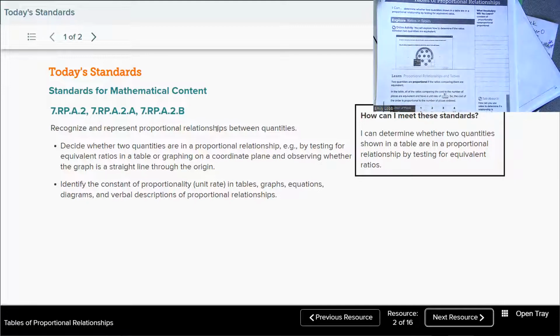And we're taking our I can statement from 1.2 to 1.3.